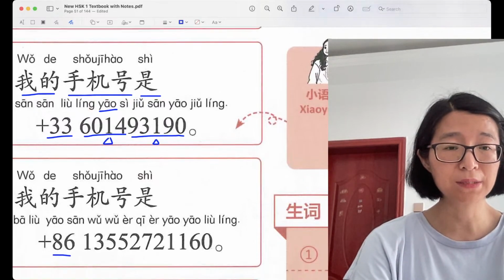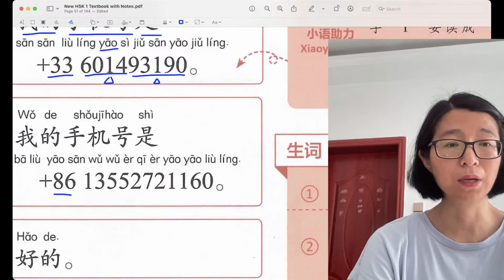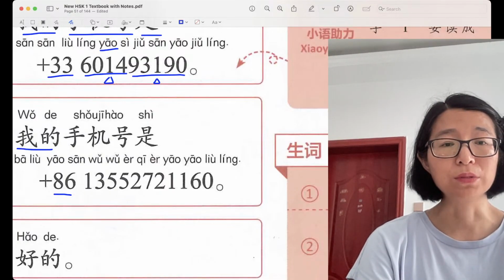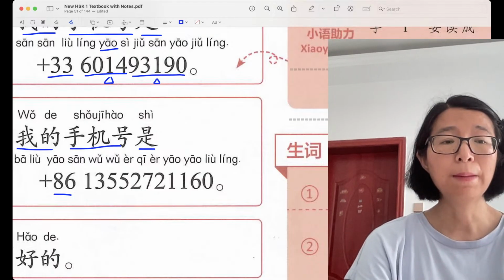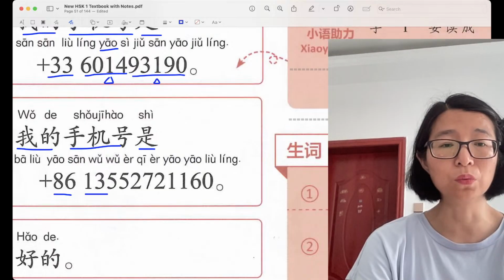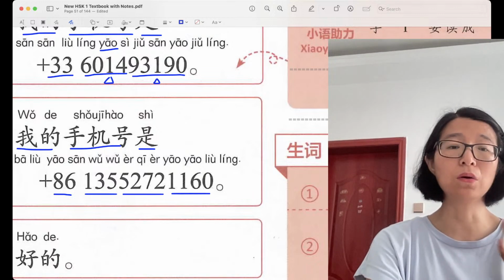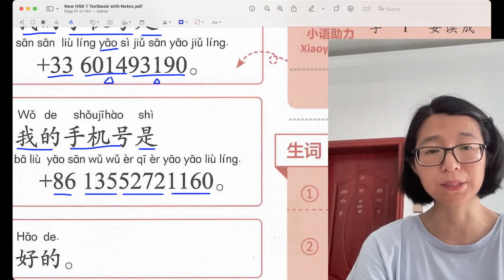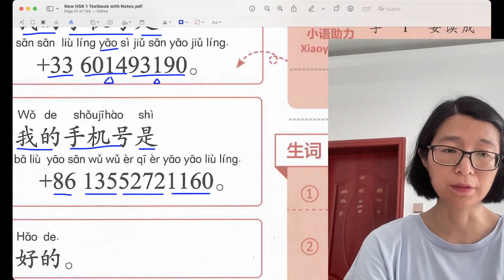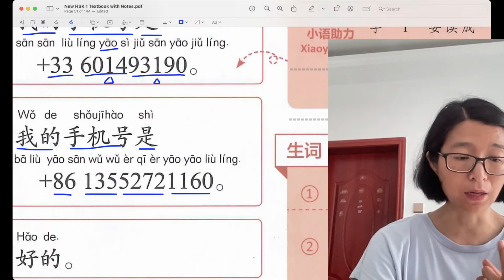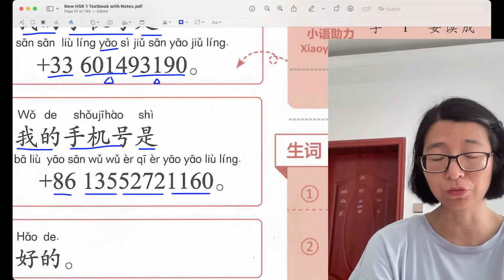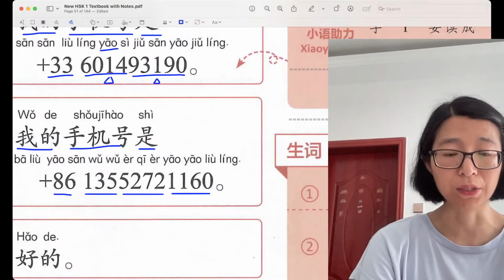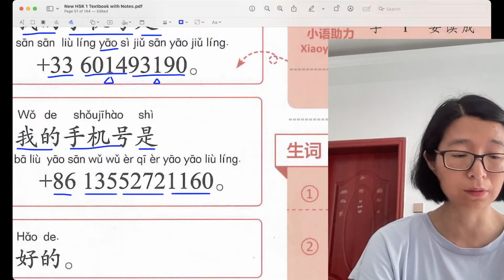Now I'm going to read the Chinese phone number. Let's say, okay, 我的手机号是, my cell phone number is 861352721160. Yeah, so how do I read the Chinese phone number? First thing, read 1 as 幺, not 一, okay? Second thing, pause after the country code. And because it's a Chinese phone number, how many digits are there?